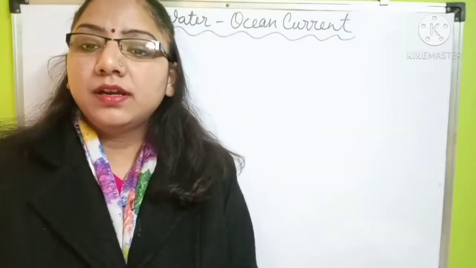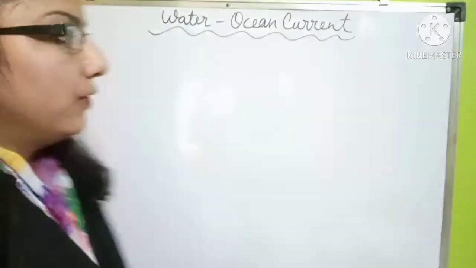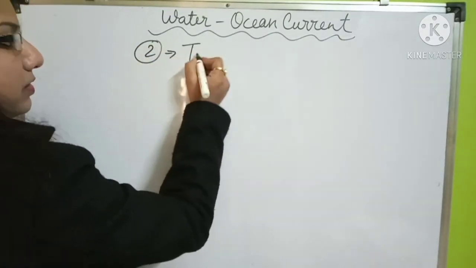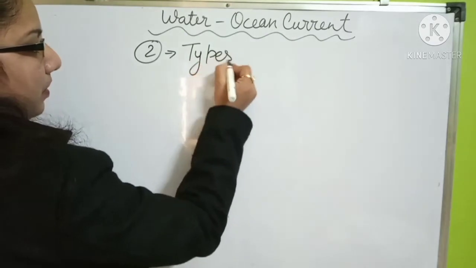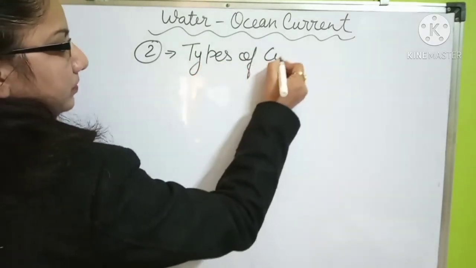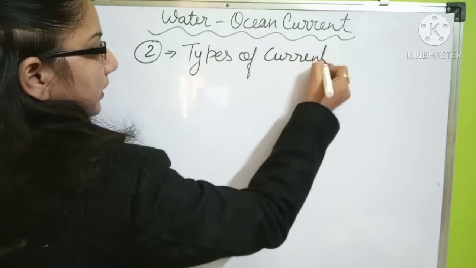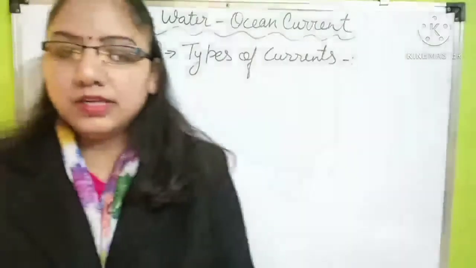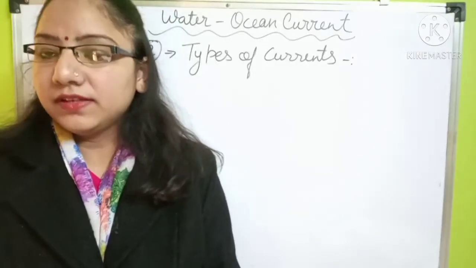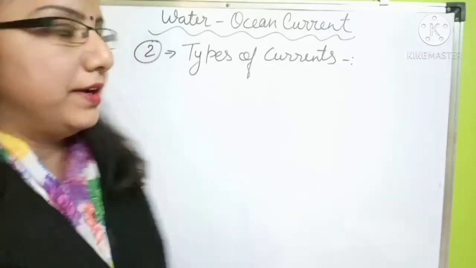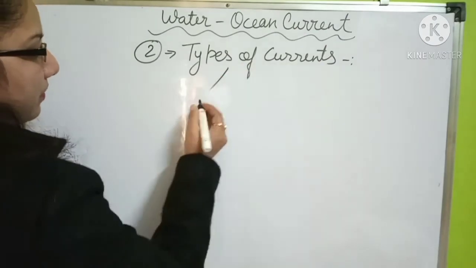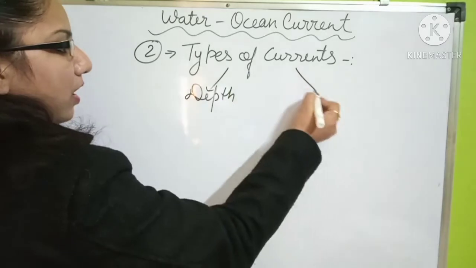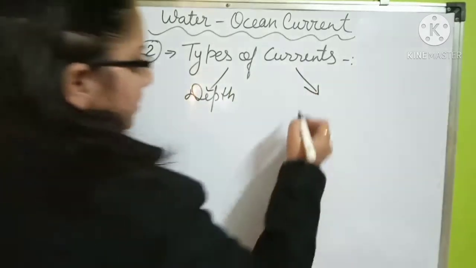Now let's see the types of currents. Students, generally the currents are classified on the basis of their depth and on the basis of their temperature.